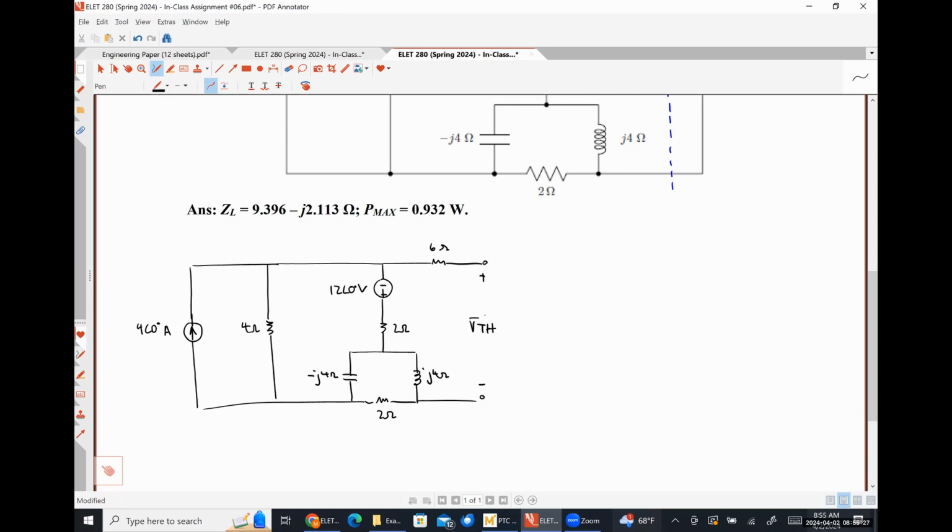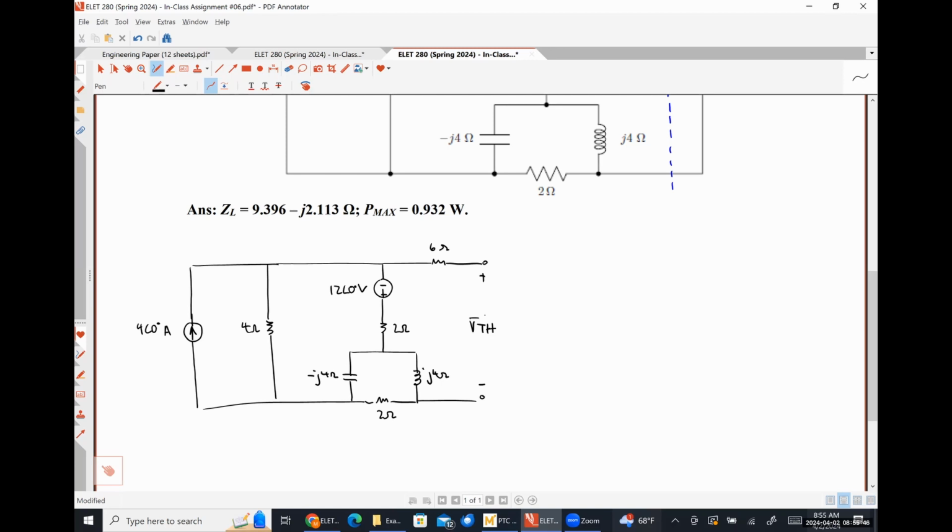Now I want to make note of something here really quickly. My current source and my voltage source are just phasor voltages and currents. They are not RMS phasor voltages and currents. And how I can see that is because I don't have an RMS anywhere, okay?